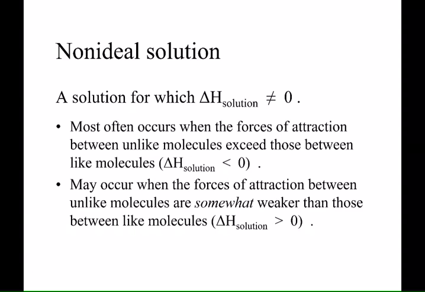Most often your enthalpy of solution is negative when the forces of attraction, that makes sense, when the new intermolecular bonds formed are favored versus the ones that are broken. It's going to be exothermic. In this one, the new bonds that are formed are less favored than the ones that were broken. Endothermic, positive heat of solution.